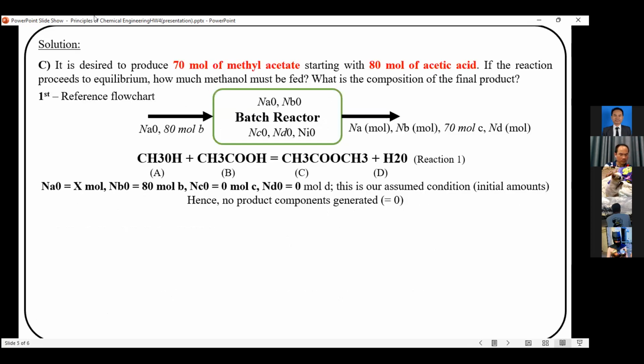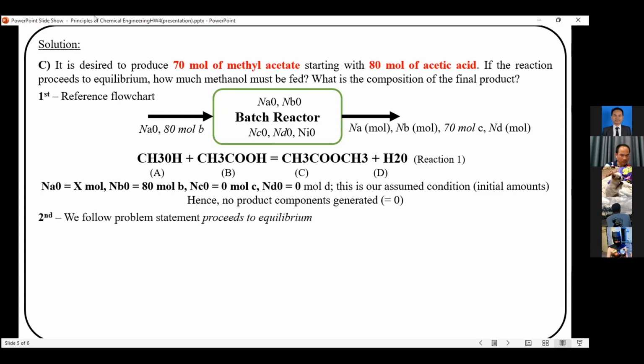For this one, we can write first the initial values. Na0, or the initial value of A, is missing, and then NC and ND will be equal to 0, since we assume that at the initial amounts there are no product components generated. And NB is already given because it said that we are starting with 80 moles of acetic acid.